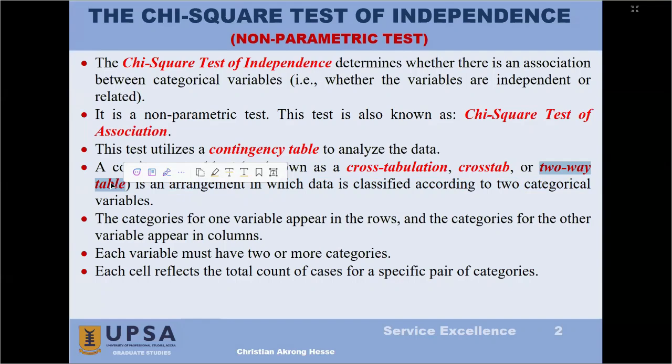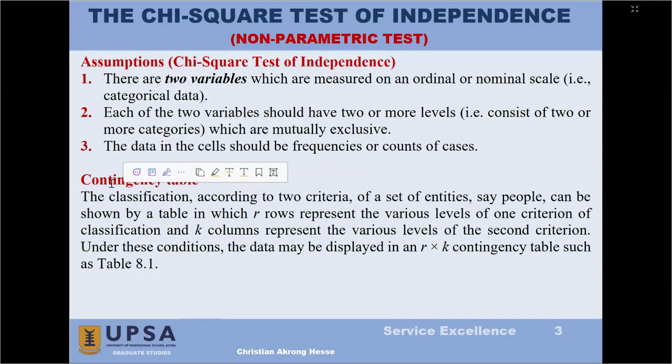So what do we refer to as a contingency table? First, before we look at the contingency table, what are the assumptions? We have 3 assumptions here. First of all, the 2 variables you are considering should be ordinal or nominal. That is, the 2 variables should be categorical.